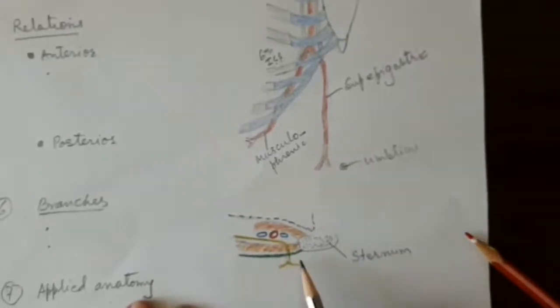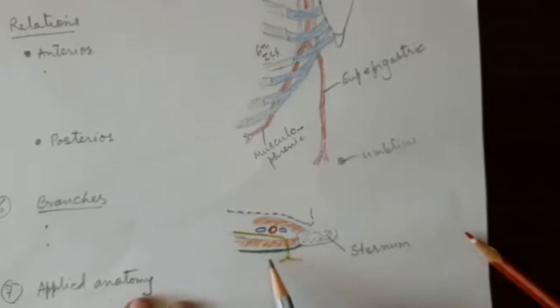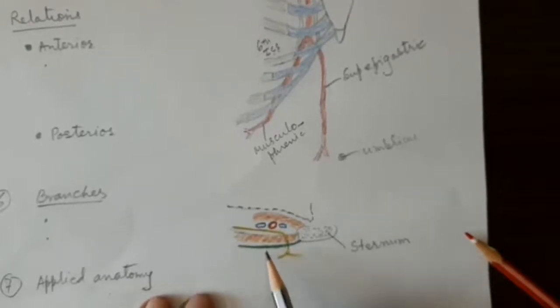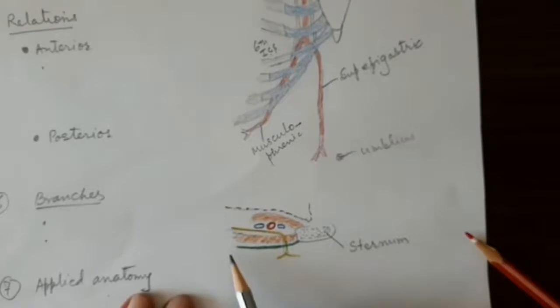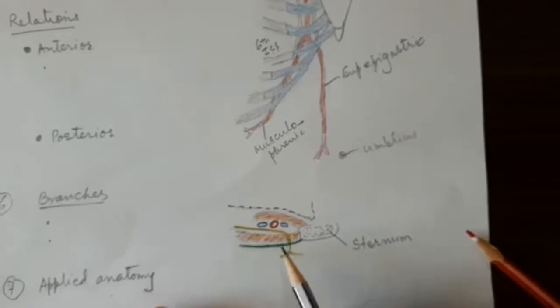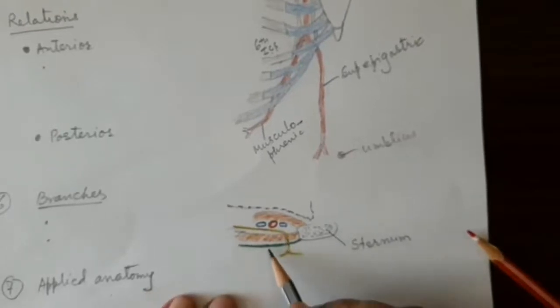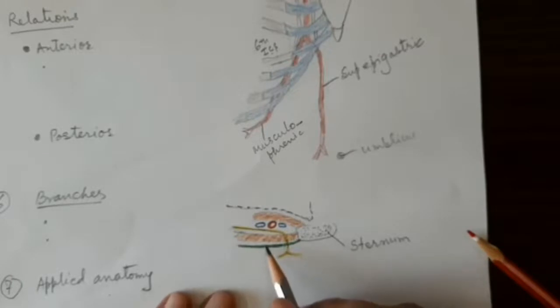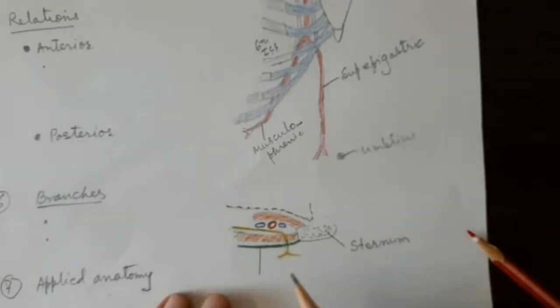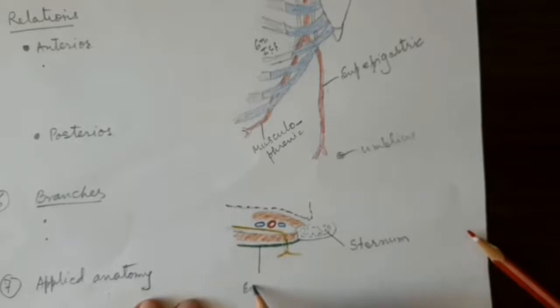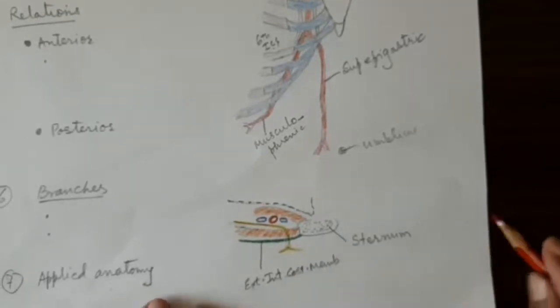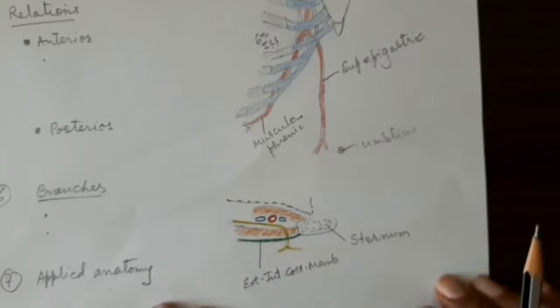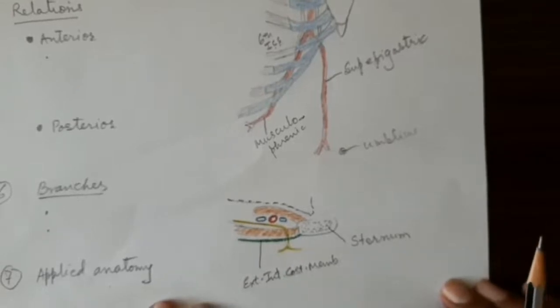Then this green line which I have drawn is the external intercostal membrane, which is the continuation of the external intercostal muscle. If you trace this membrane more laterally, this will be the muscle, the anterior intercostal muscle.